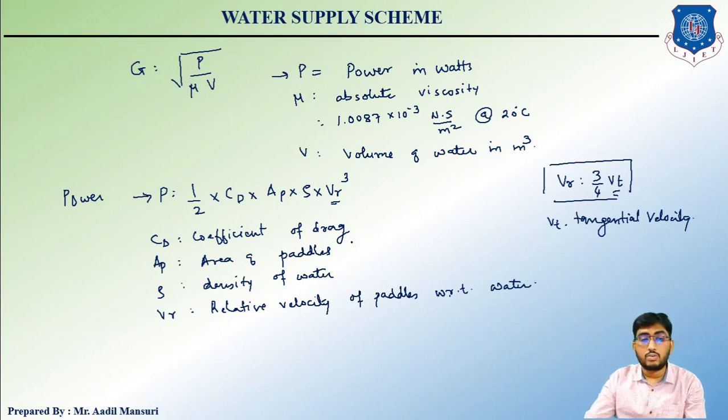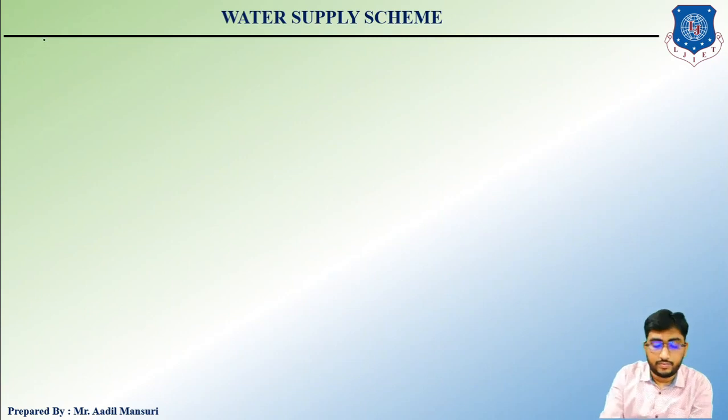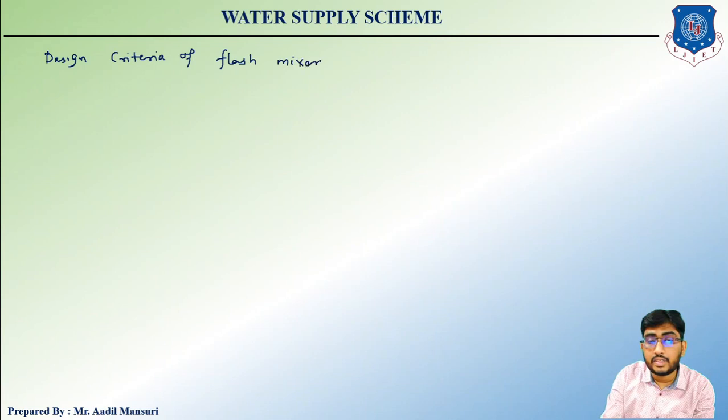Okay, so this is how the mixing devices are. So let us move ahead and find out how mixing devices are designed. So next is design criteria of flash mixer.